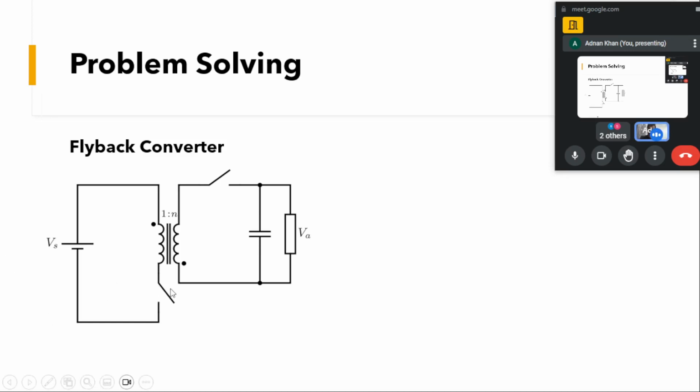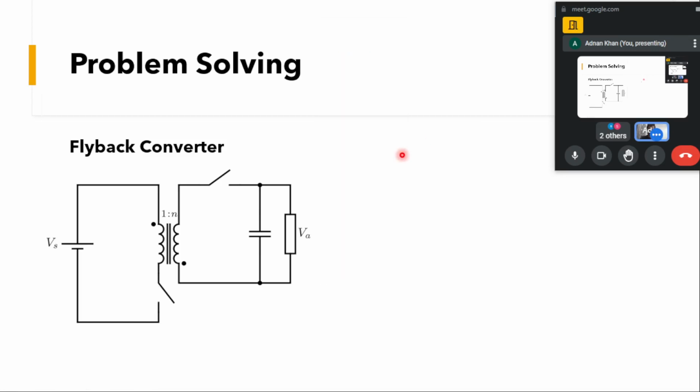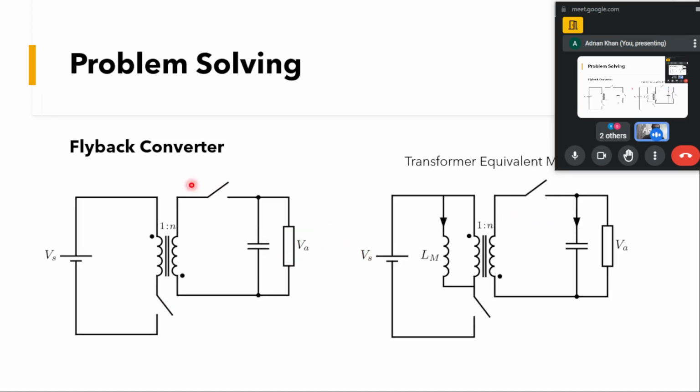I'll show with the pointer. This device will be the control device, and this will usually be a diode with the cathode towards the load. So this is the transformer equivalent, how we represent this flyback converter with an LM here.